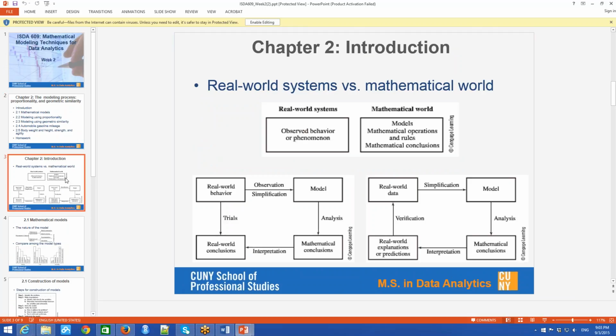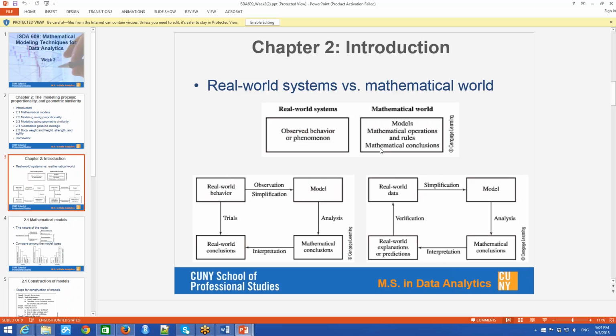So this is again real world problems versus mathematical problems. Real world systems really observe the behavior of phenomena, but the mathematical world models mathematical operations and rules, so that we can make mathematical conclusions based on the mathematical models.